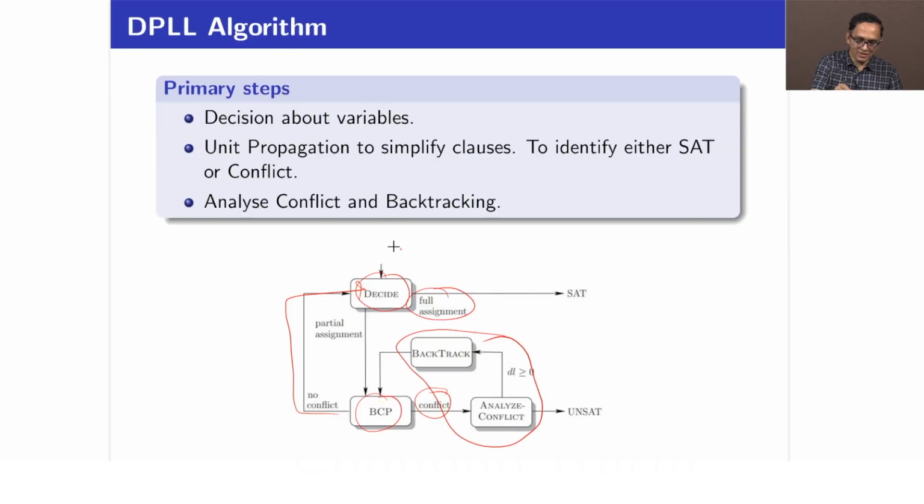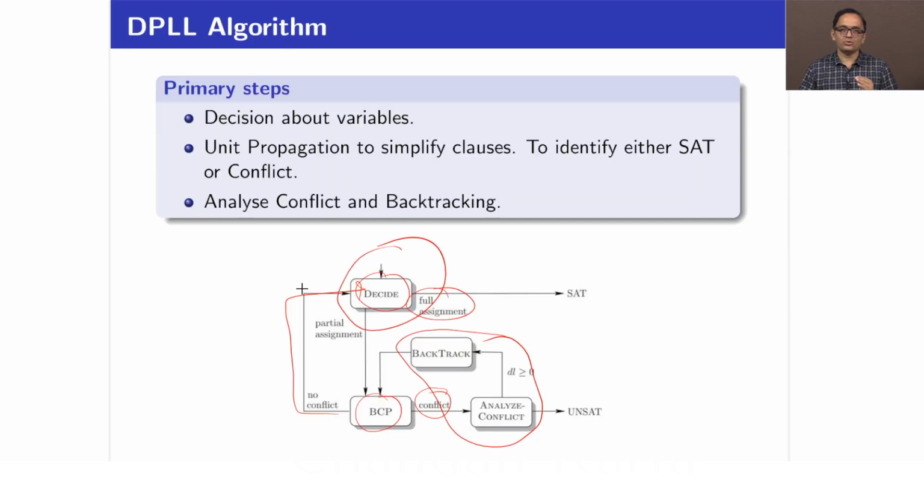You backtrack to the second most recent decision level from the current decision level, and then you do the same process again and again until you get satisfiable or unsat. The part which has not been covered so far is the decide part.